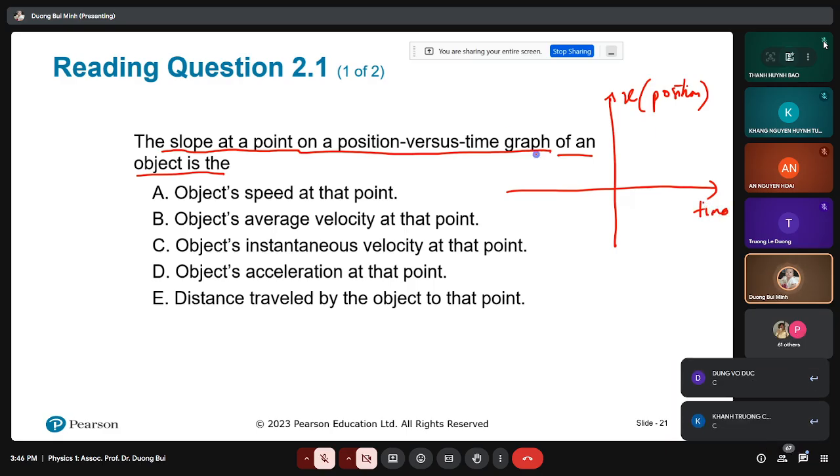So this slope, for example, here we have this curve of position versus time, so we have a slope. So this slope at a point on a position versus time graph of object E, the what? Okay, now start.